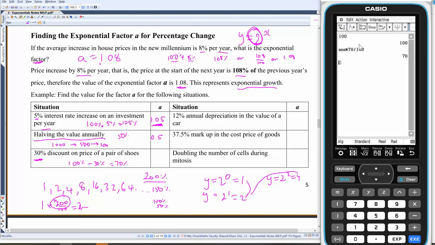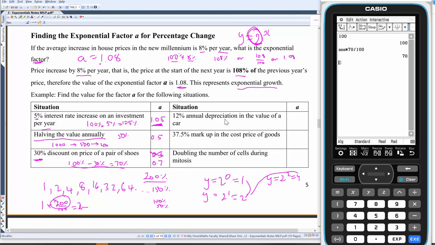So 70 over 100 means that the value of the shoes would be $70 after a 30% discount. So the most common mistake with this one here is I find students see 30% discount and say that the A value is 0.3, but it isn't. It's in fact 0.7. And that's the calculation that we need to do to get to this value here.